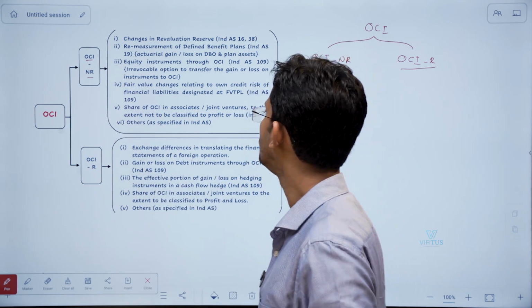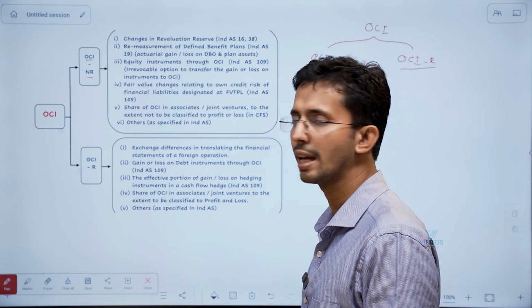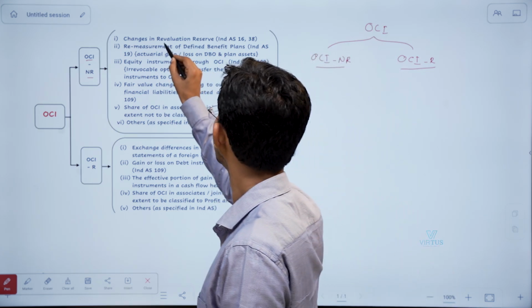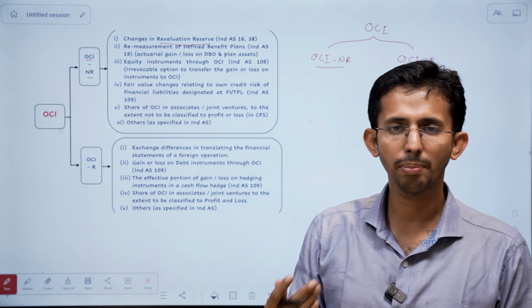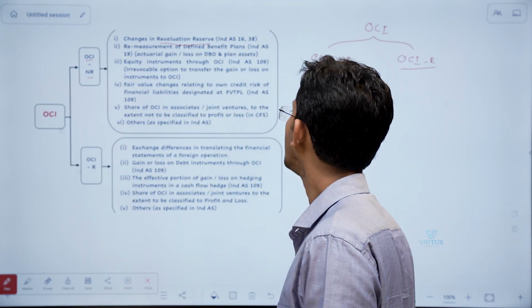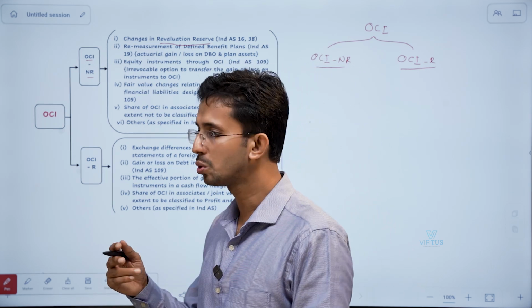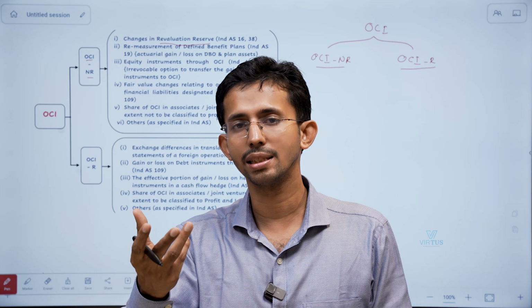Now the first and very common item which will come as OCI-NR is the revaluation reserve, changes in revaluation reserve. Okay, IND AS 16, that is property, plant and equipment, and IND AS 38, that is intangible assets. These IND AS standards require you to transfer revaluation reserves to other comprehensive income.